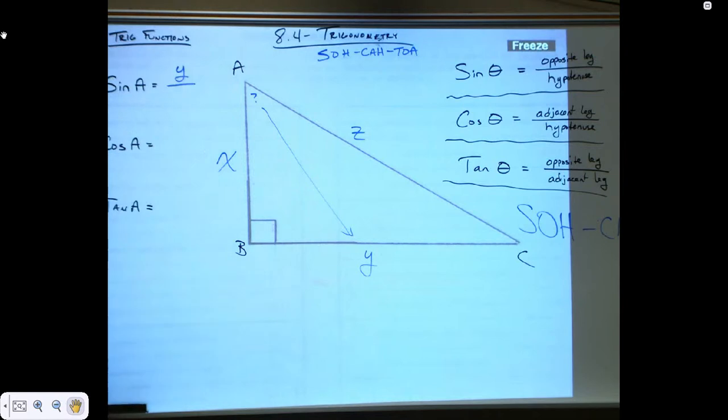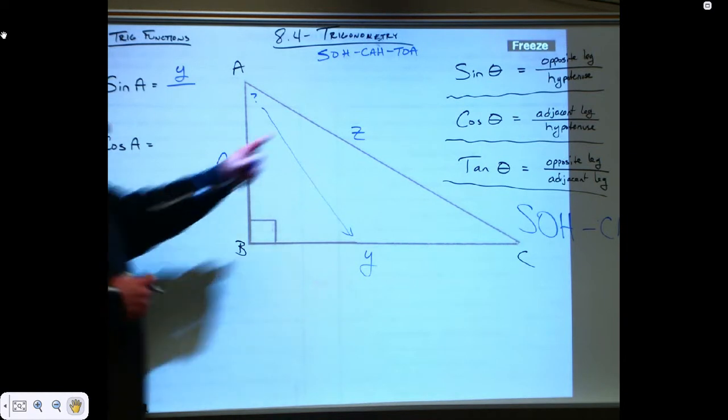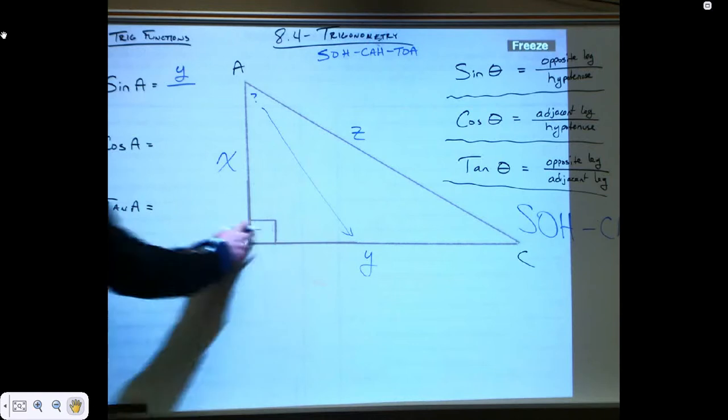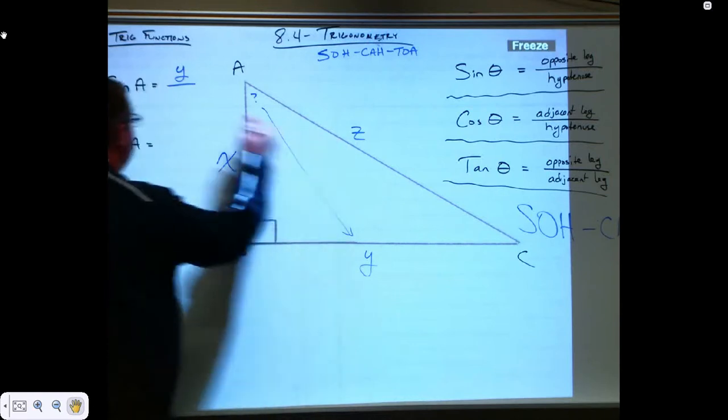Whatever that measure is, you put y right there. Now, what do I put on the bottom? The hypotenuse is always opposite the right angle, so what's going to go on the bottom here?